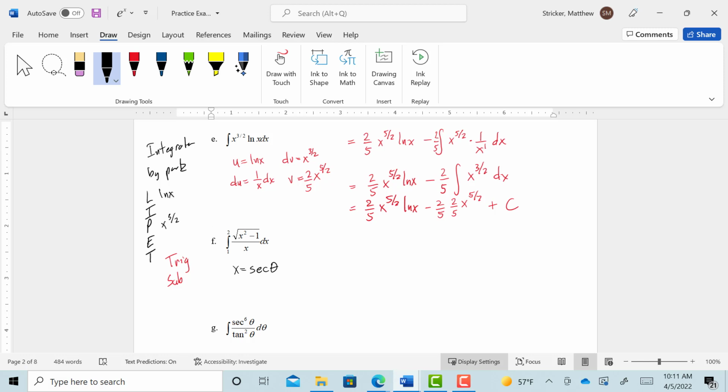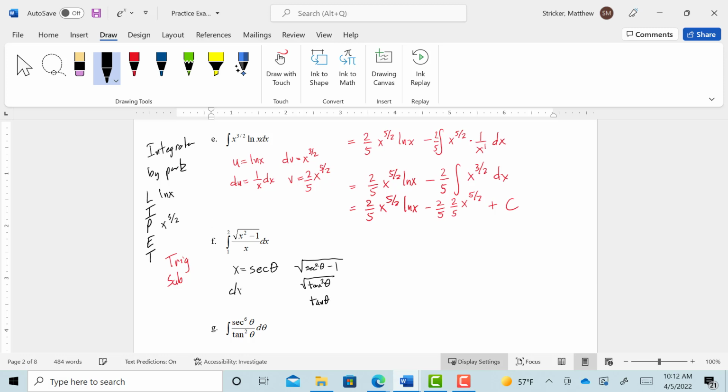And the reason why is because when you plug that in, you get secant squared theta minus 1. And remember, secant squared theta minus 1 is equal to tangent squared theta, right? And the square root of tangent squared is tangent theta.